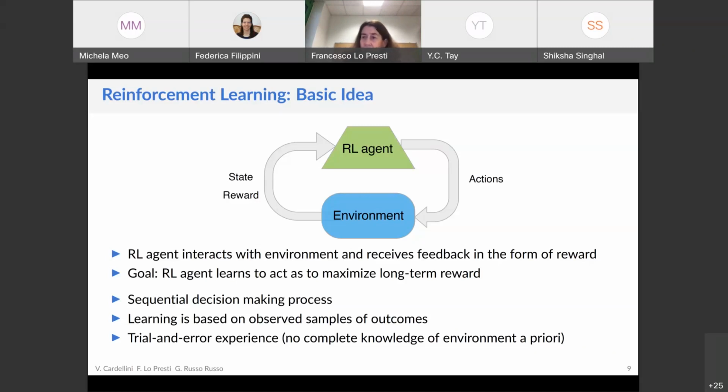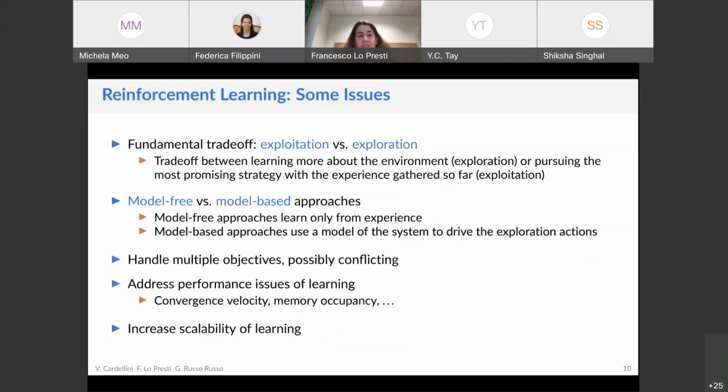If you look for his course on reinforcement learning. And so during this tutorial, we will deal with some basic and some more advanced issues that we can face during the learning process. First of all, we will consider a fundamental dilemma, which is the trade-off between exploitation and exploration.